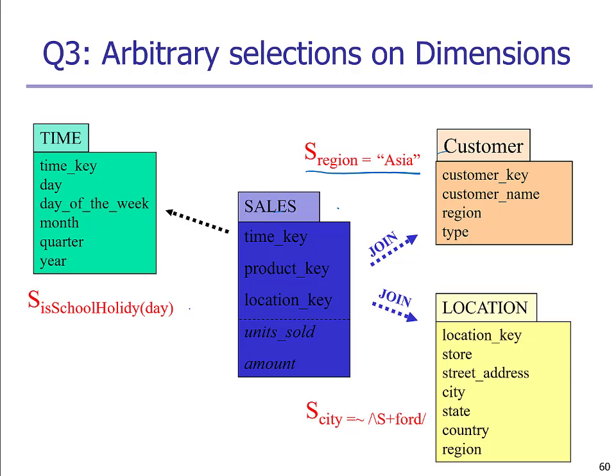But if we consider the transactions within the region of Asia, that happen on a school holiday, and where the city ends with Ford, then we may have much fewer transactions compared to the total number of transactions. That is the observation.